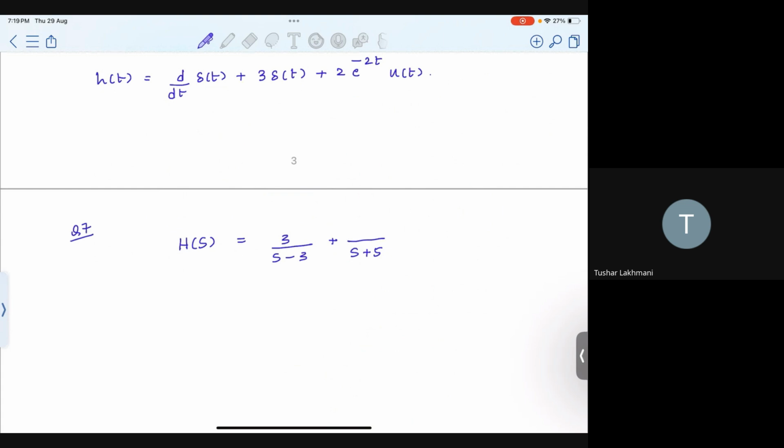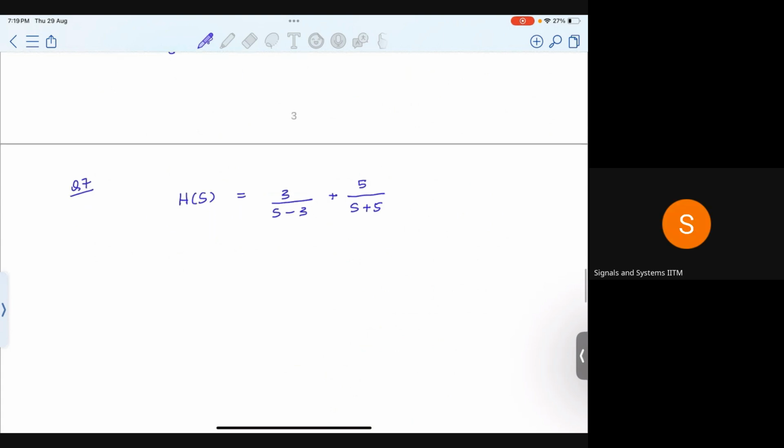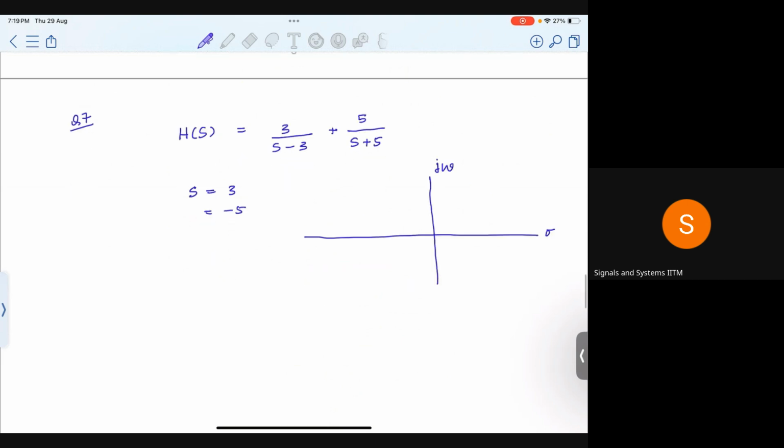Yes, ma'am. And what are your poles? So poles are s equal to 3 and s equal to minus 5. So let's plot the pole-zero plot. We have sigma, we have j omega. Poles are at 3 and minus 5, correct? Yes, ma'am.